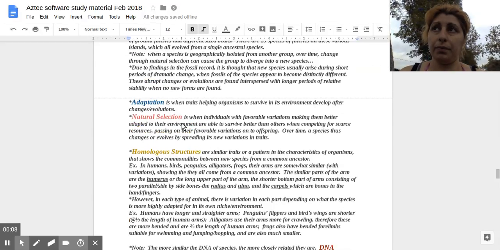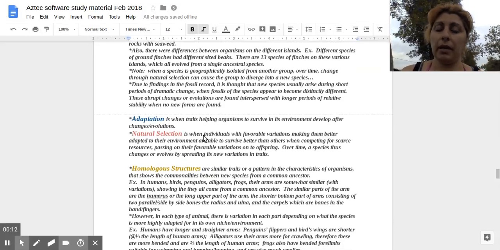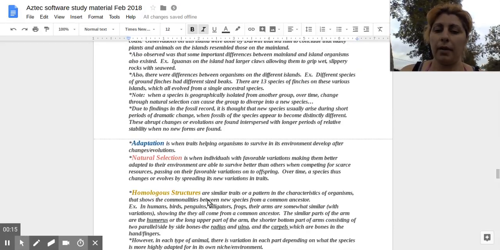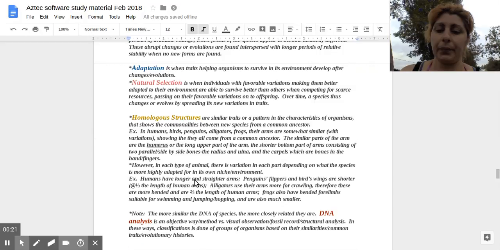Previously we were learning about evolution and how the more similar the DNA of various species are, the more closely related they are.